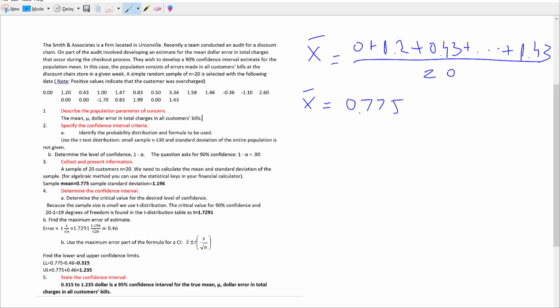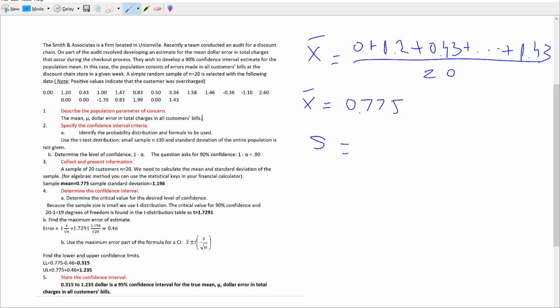Of course, you can use statistical keys in your financial calculator to calculate the mean and standard deviation, or we can use the Excel functions for average and standard deviation for a sample. When we calculate the standard deviation algebraically, once more we have a sample.